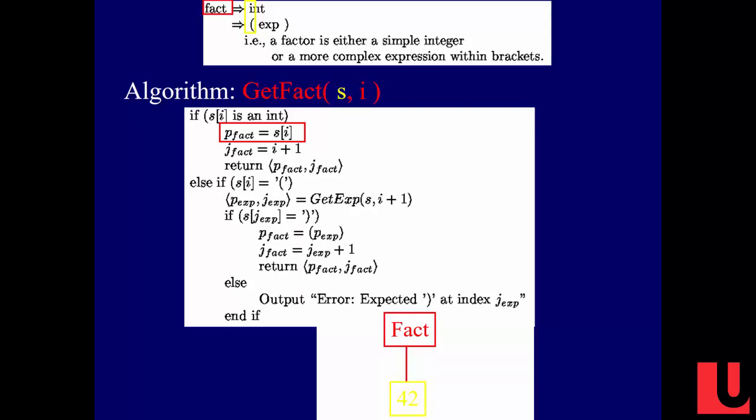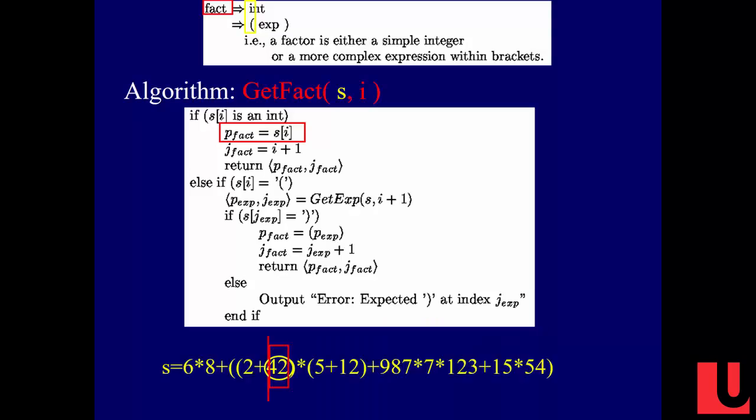And what do I return? I return one past where I started, right? My j is the i plus one past, and we're good. Everybody kind of follow that? Why is it one past? Well, because i is indexing the 42, and that's our whole thing that we're parsing.